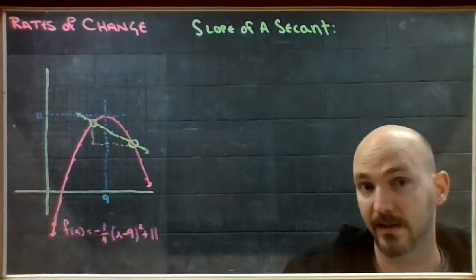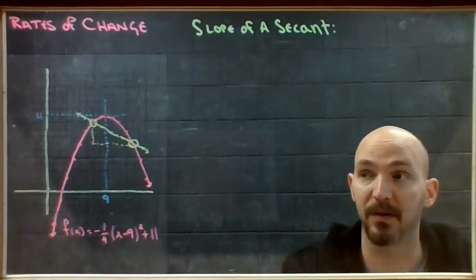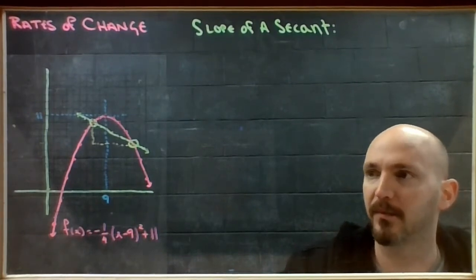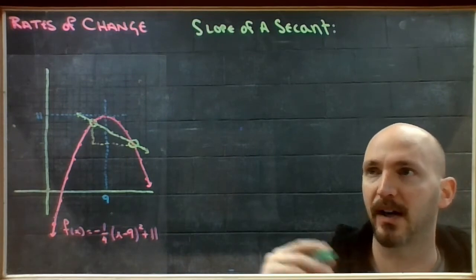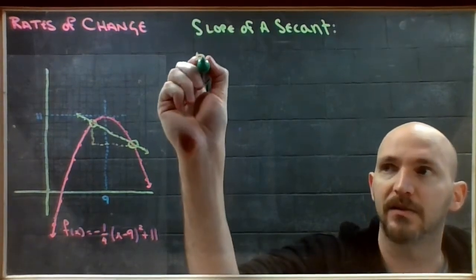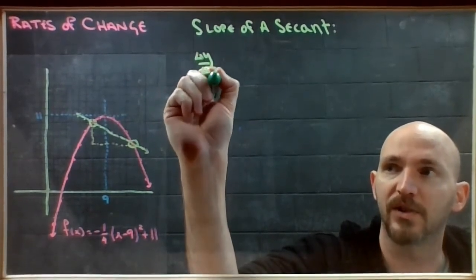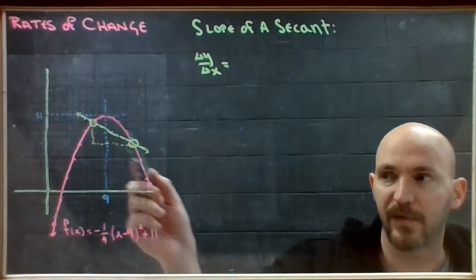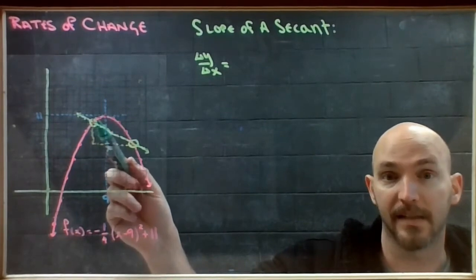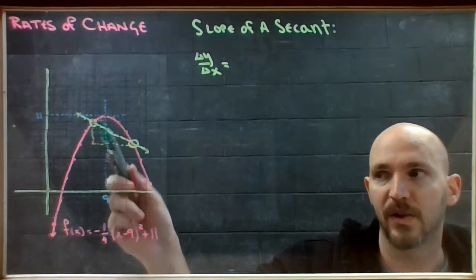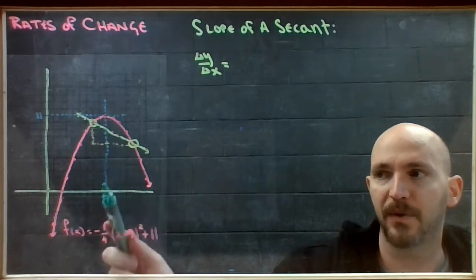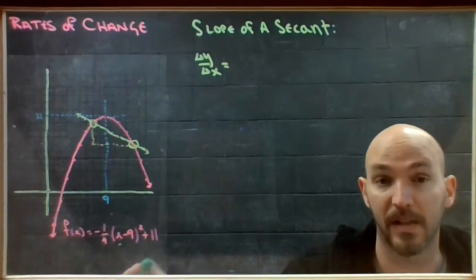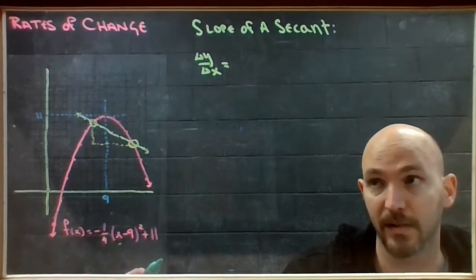Now I could just count those because I happen to pick convenient places. But if I were to do this algebraically, the slope, change in y over change in x, I'm going to have to figure out how high this is, first off. So to figure out how far up you go on a function, you just need to take the x value and plunk it in for x and do some calculating.